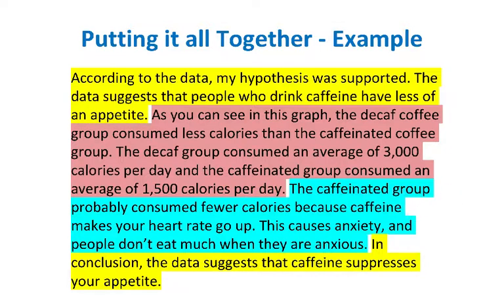The caffeinated group probably consumed fewer calories because caffeine makes your heart rate go up. This causes anxiety, and people don't eat much when they are anxious. In conclusion, the data suggests that caffeine suppresses your appetite. So now we have this nice CER conclusion paragraph that we made by combining all of the parts together.